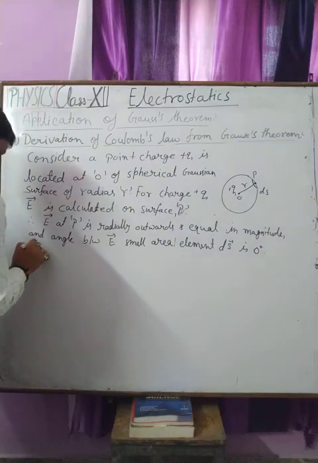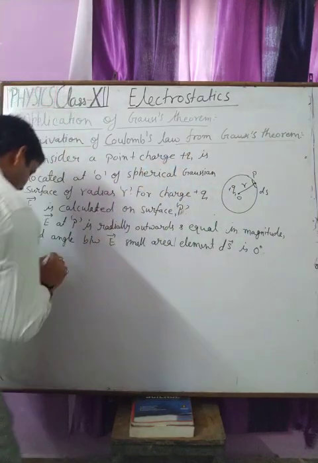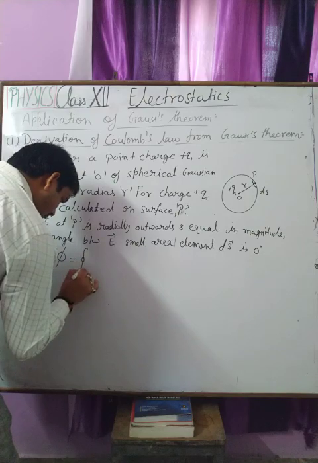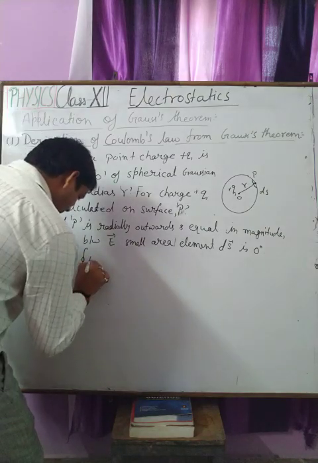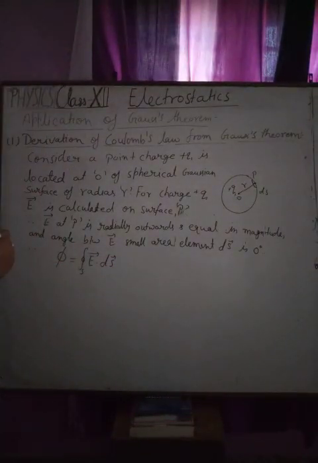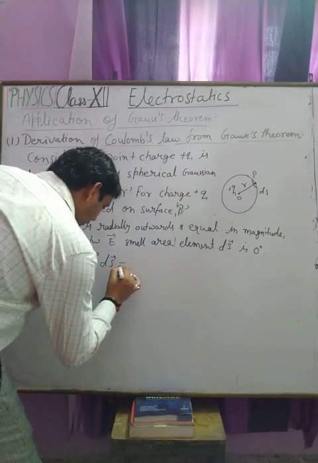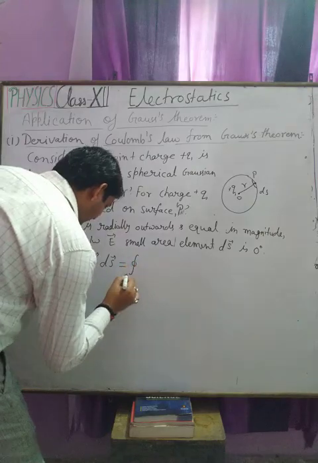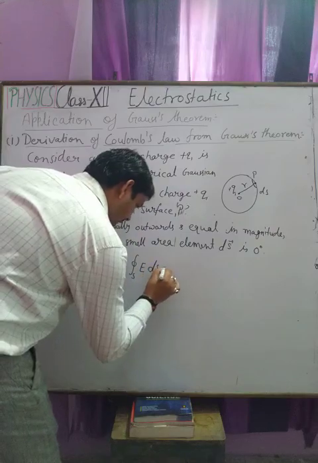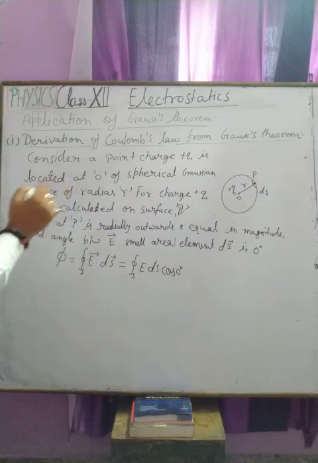Therefore, the electric flux passing through the surface phi is equal to the closed integral over the surface of vector E dot dS. On solving this, closed integral E dS cos 0 degree, and cos 0 degree is 1.